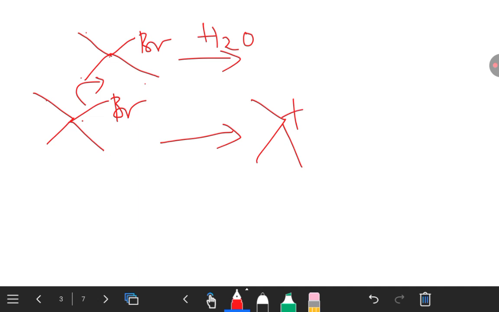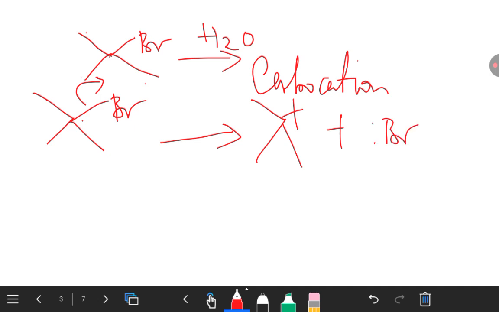We formed a carbocation here, then of course with the bromide which has actually left. Then the second thing, as we said, for SN1 it is a 2-step reaction. So this is our step 1.